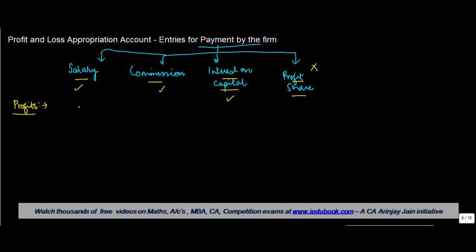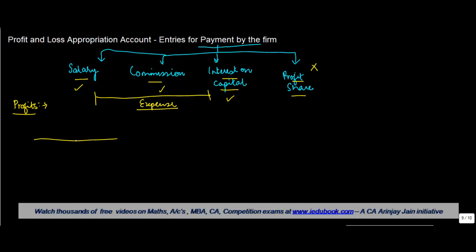So for the firm, when it pays a commission or a salary or an interest on capital, that is an expense, right? All these are basically some kind of an expense for the firm, right?